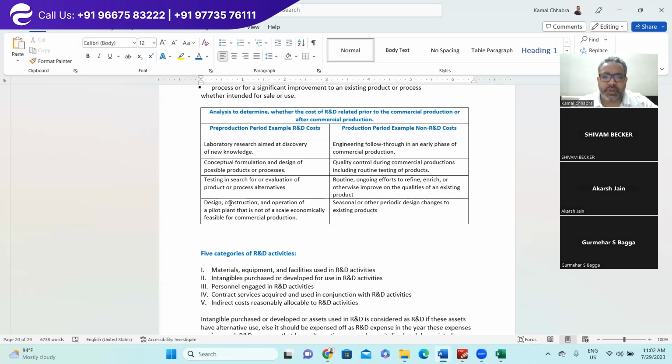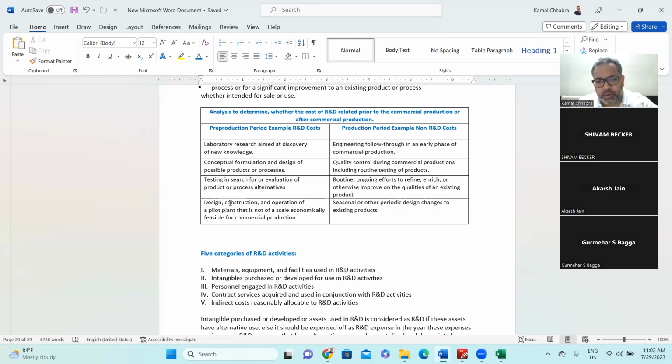So the pre-production period, with examples of certain research and development costs, is on the left hand side, and the post-production period, with examples of non-research and development costs, is on the right hand side. The first one is laboratory research aimed at discovery of new knowledge.